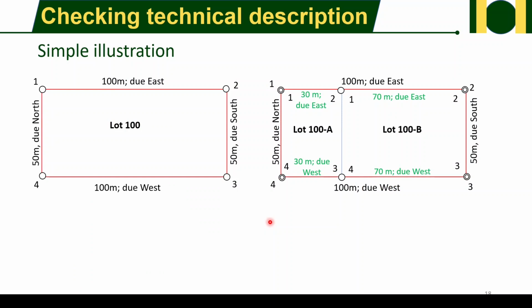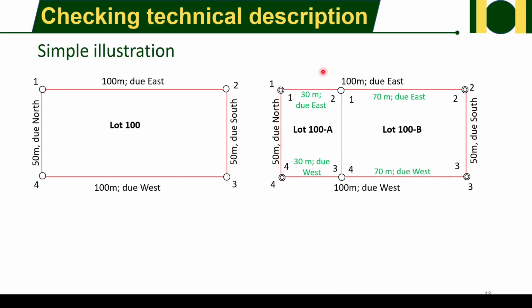So, for example, this is the technical description of the mother lot, or lot 100. Here, this is due east 100 meters. This is due south 50 meters, due west 100 meters, and due north 50 meters.